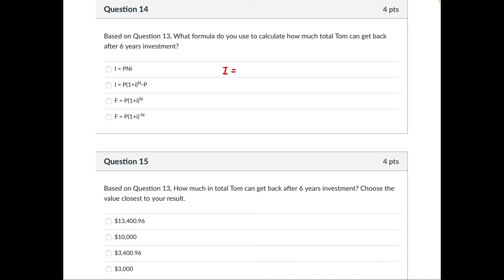So if interest is P times 1 plus I to the power of n minus P, so P plus I is gonna be this plus I, right? So it's P 1 plus I to the power of n minus P plus P. So these two are cancelled. So the final answer is P times 1 plus I to the power of n. So this is the formula you can use.